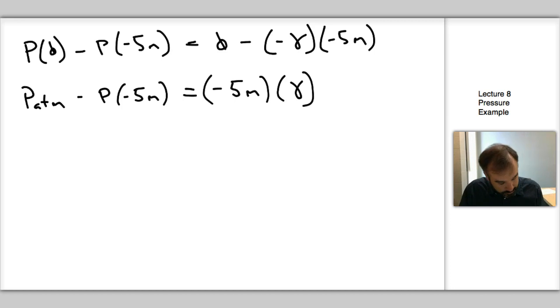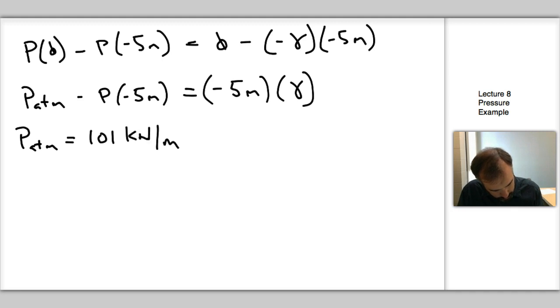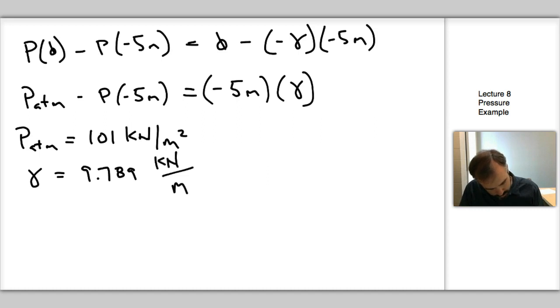We know PATM, the atmospheric pressure, is equal to 101 kilonewtons per meter squared, so we can plug that in. And we know gamma is equal to 9.789 kilonewtons per meter cubed. We can plug that in.